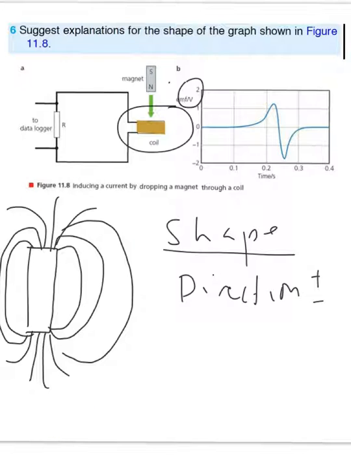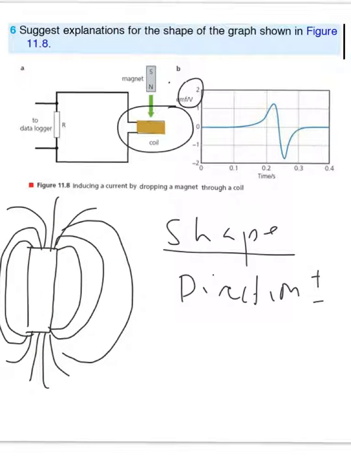So as this is quite far up, the lines are far apart, so the lines are not cut quickly. But as the magnet falls through and gets closer, there is an increase in the amount of lines that are cut per second, right? So you get a peak. When it's in the center, then you have like a maximum. Okay, that's when its field lines are more densely packed.